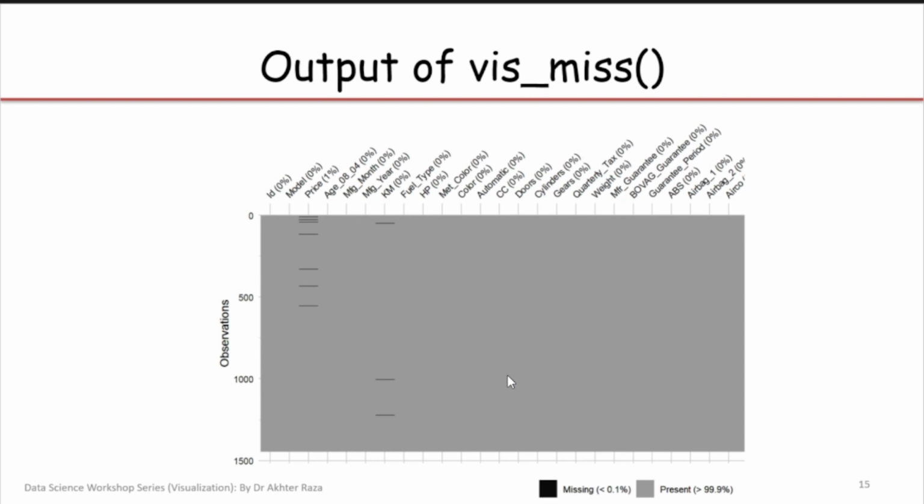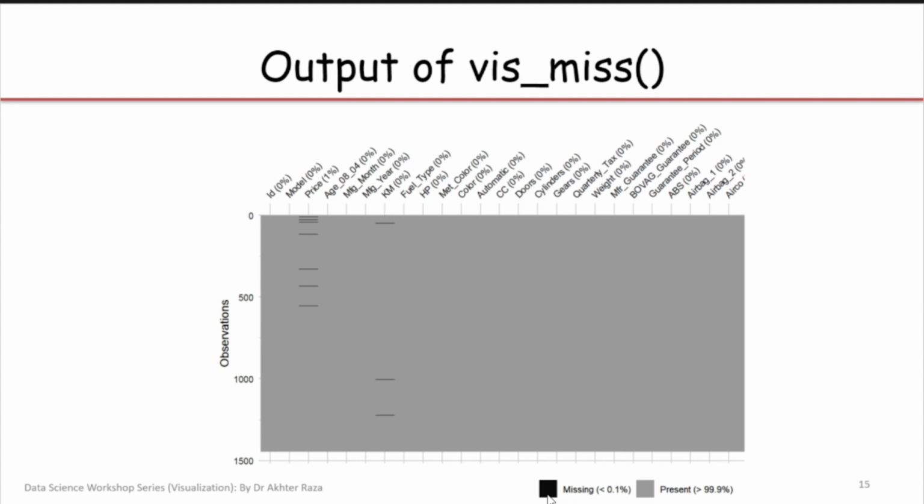You can see these dark lines which indicate the NAs in my data, missing numbers. There are 2 columns. The column price has missing data, 1% data is missing there, and another column is the kilometer column. We have 3 or 4 missing data elements in the kilometer column.